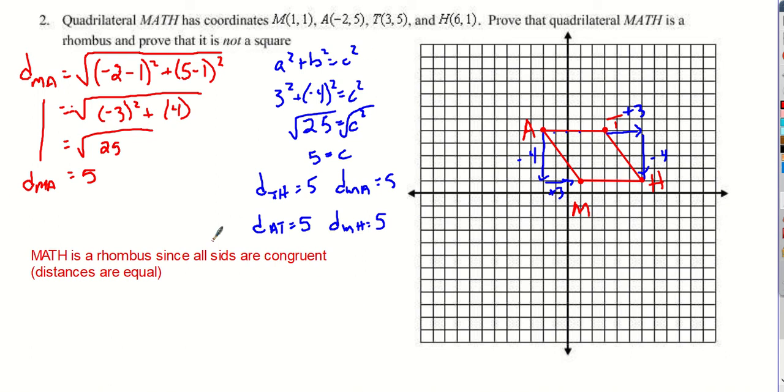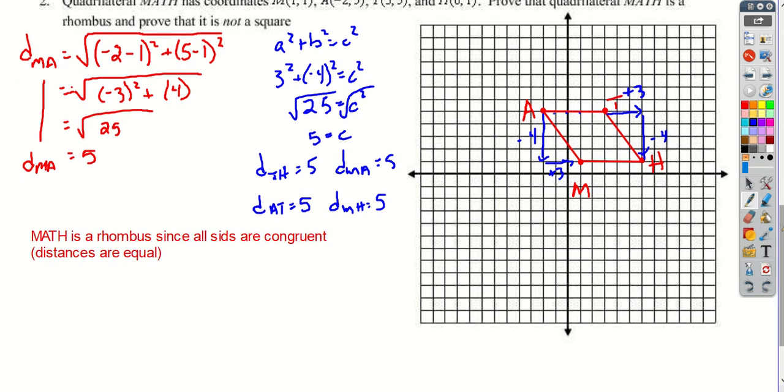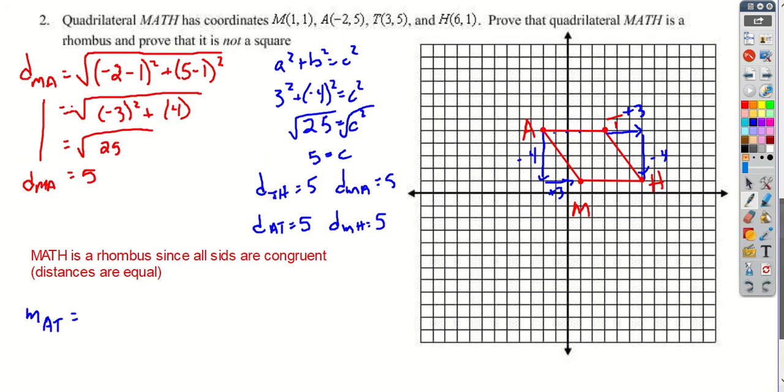Now we've got to show it's not a square. So if it's a rhombus, the reason it would become a square is that we have a right angle. So we're going to do the slopes for 2 consecutive sides and show that they're not opposite reciprocals. Okay, so we're going to do the slope. We'll just pick any side. We'll go AT. Now AT we already know is a horizontal line. It's supposed to be 0. We're going to go ahead and just use our formula just because we're doing a little review.